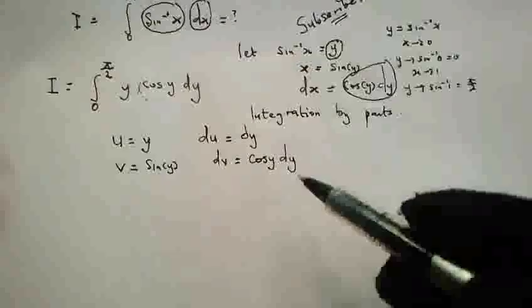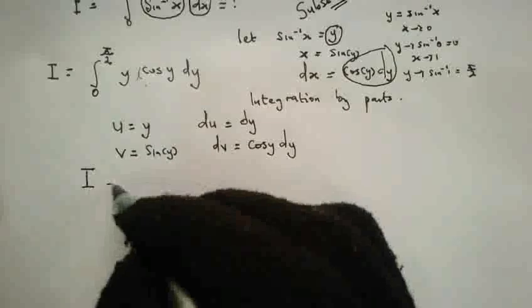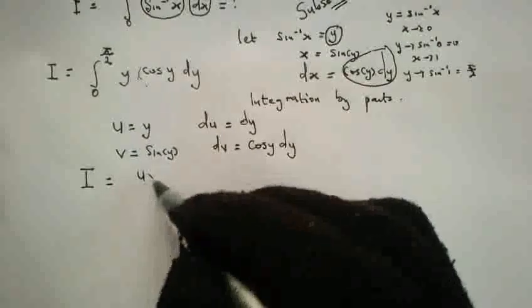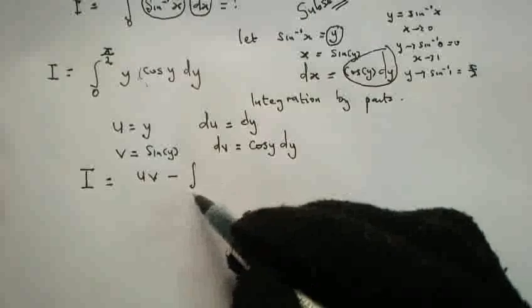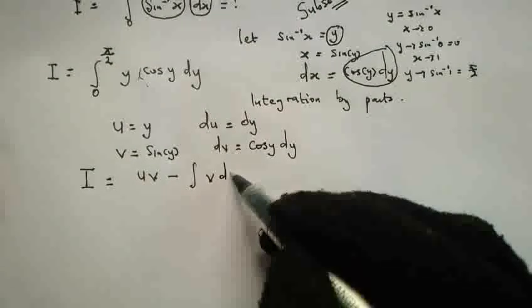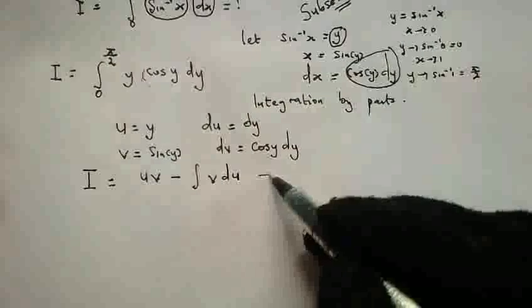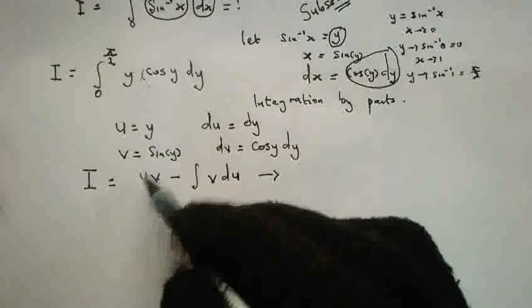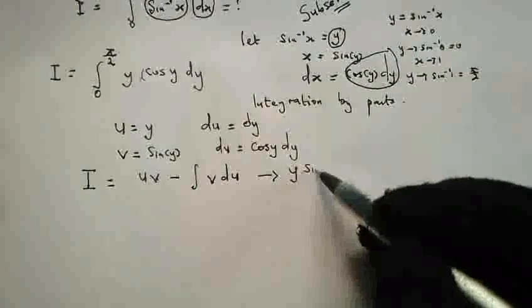Now recall that our I here is going to be uv minus the integral of v du. Replacing this, our u here is y, and our v here is sine of y.